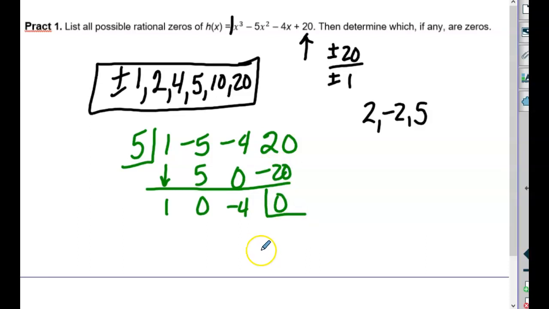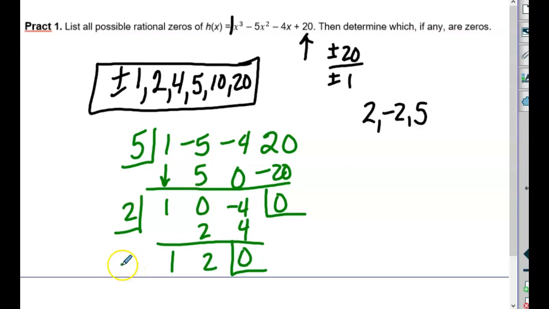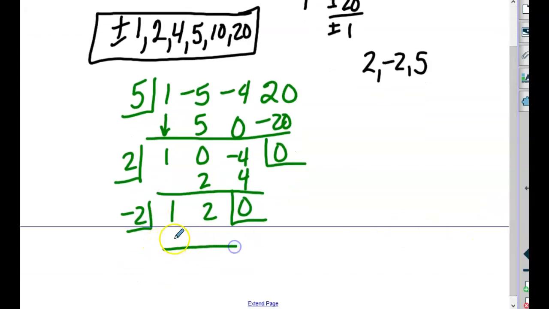Okay, now actually to prove the other two, I could just factor or I could keep dividing. 1 is 2, 4, 0, and I could even do the -2. And then the 1, -2, 0.